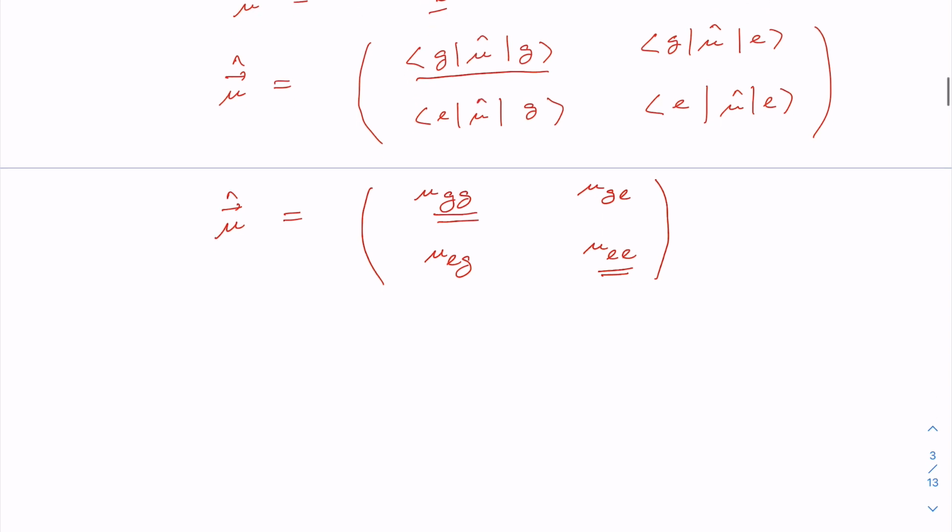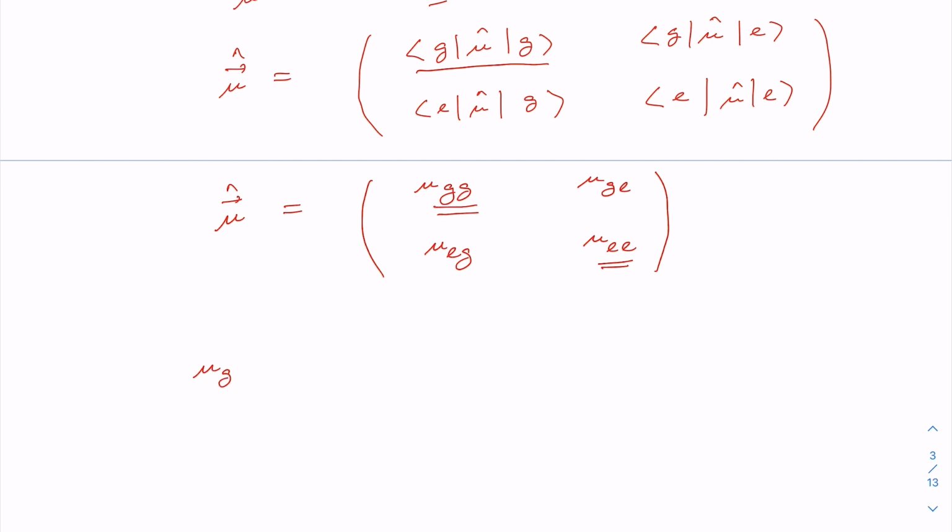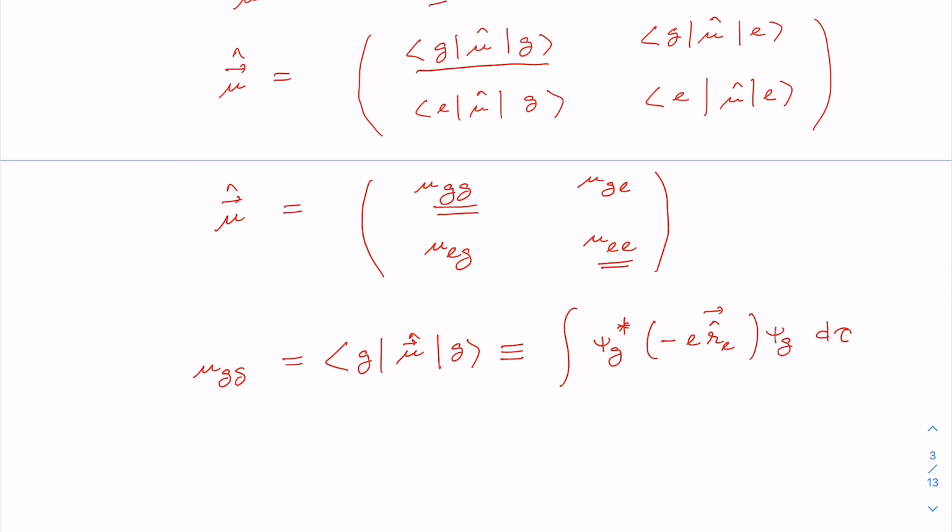It can be shown that the diagonal elements of this matrix vanish as the dipole moment operator has odd parity. Let me explain. We can write mu_zz in the integral form also. Mu_zz is equal to <z|mu|z>, and in the Schrodinger representation, we can write it as the integral of psi_z star, the dipole moment operator minus e r_e, psi_z, and the integration is taken over the full volume.